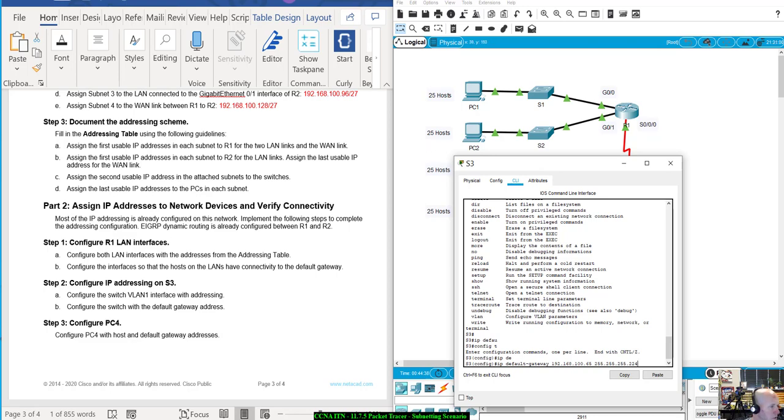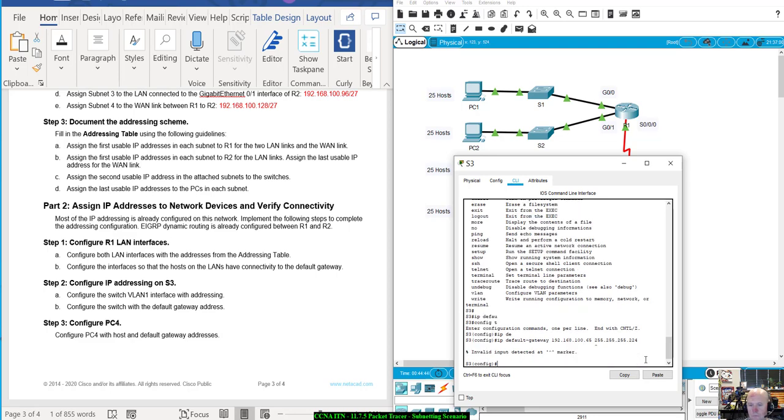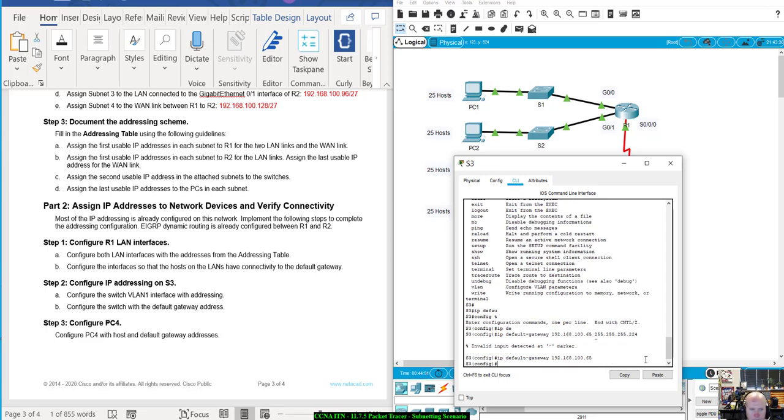Make sure that's right. Oh, I don't need the default gateway here. Duh. So that's good.